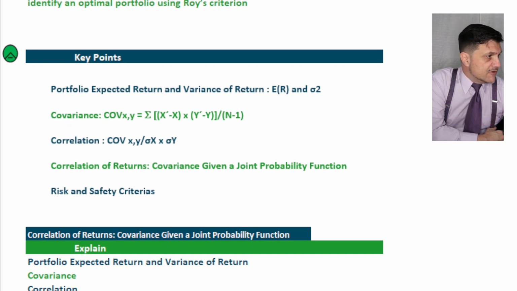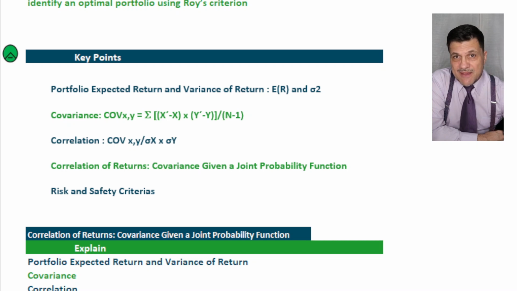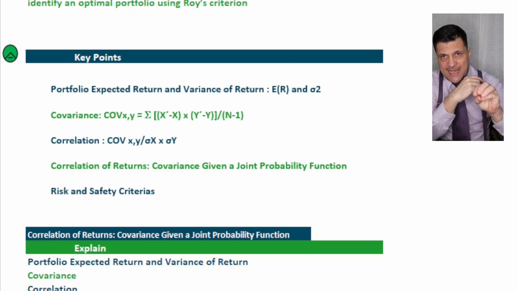Look at the form of the covariance. Covariance is always two elements, so A and B, X and Y. Here I have X and Y being subtracted from their respective means, their respective averages. So that's the difference between X and the average, the expected X, and Y is the same deal.